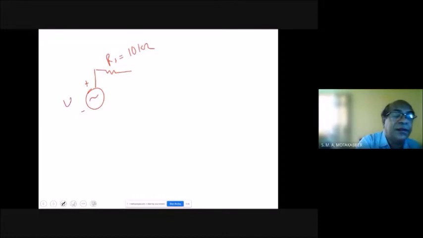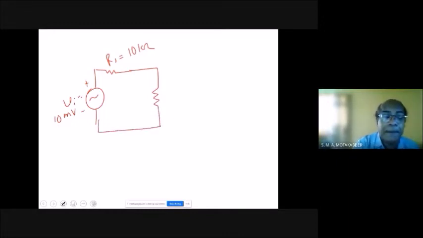I write down VI equal, I write down 10 millivolt. Milli means 10 to the power minus 3. Now it is connected with our amplifier. This is called the RI, input resistance of the amplifier, and its value is maybe also 10 kilo ohms.